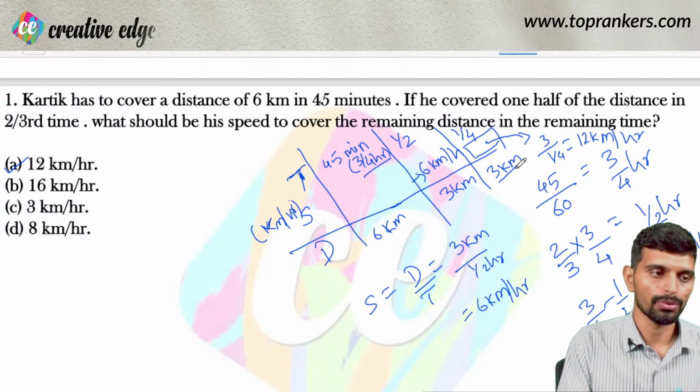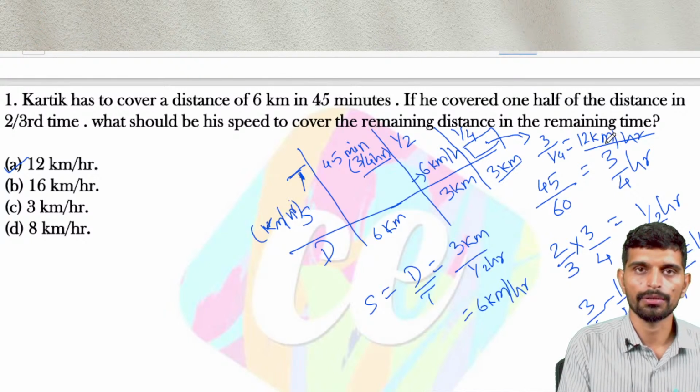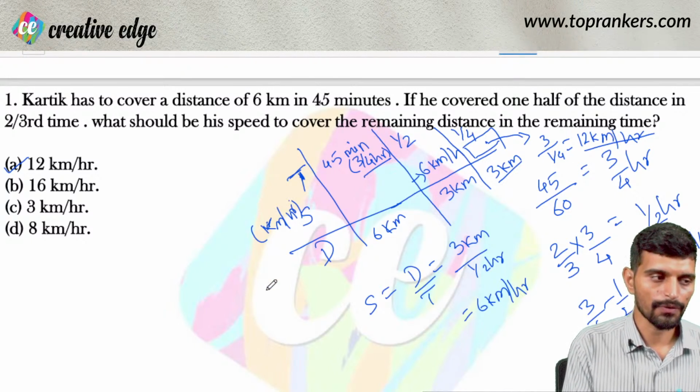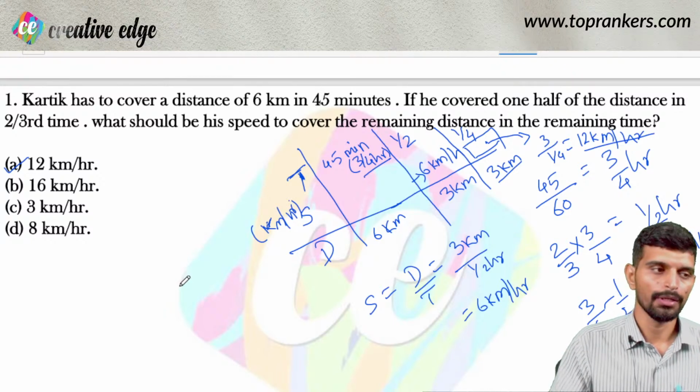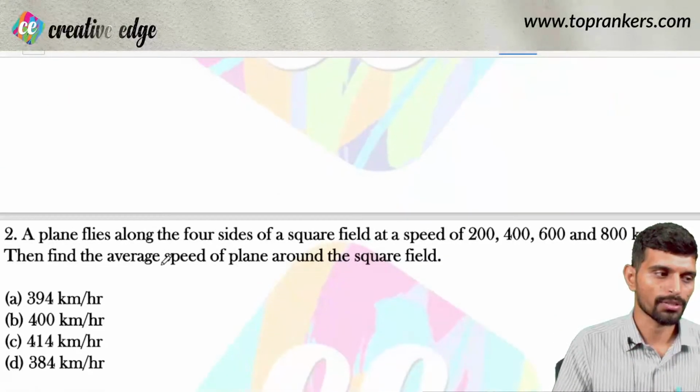Distance divided by time gives us the speed, that is 12 km per hour. This is a basic formula and you just need to apply it here. Let's see the next question.